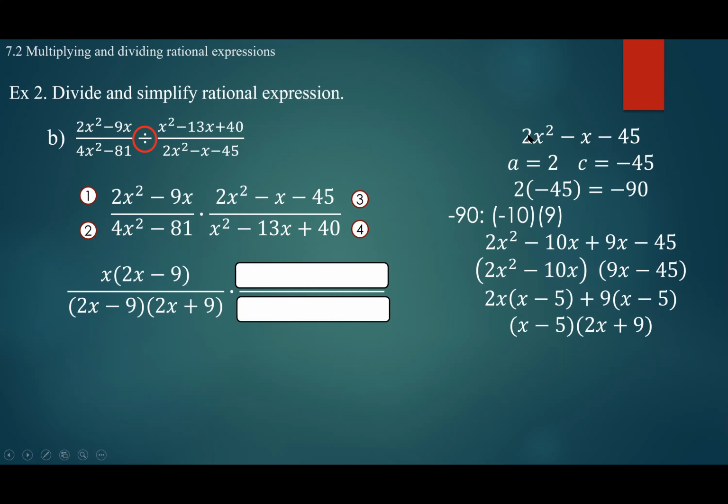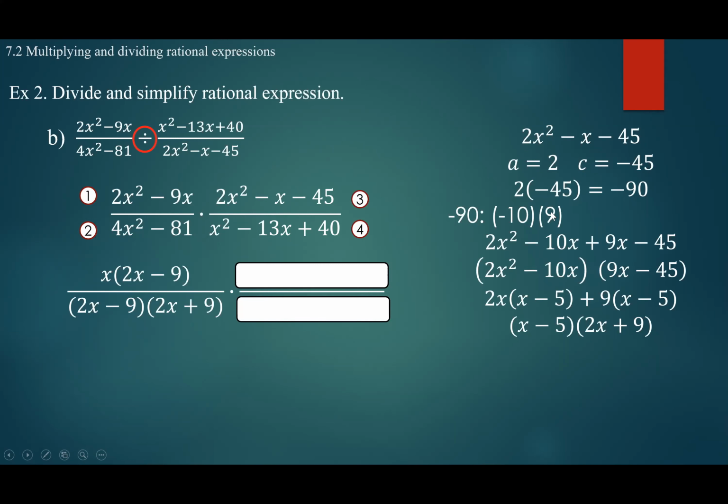Because there's a number in front of x squared, we know that we need to do the AC method. The AC method tells me that 2 times negative 45 will give me negative 90. Are there 2 numbers that multiply to give me negative 90, but subtract to give me 1? I have 10 and 9.